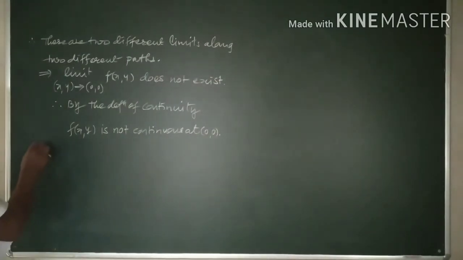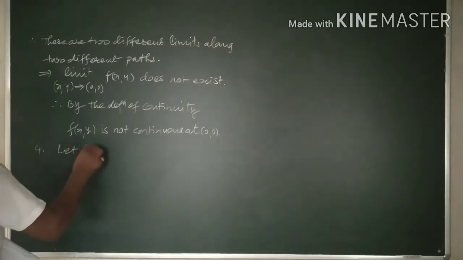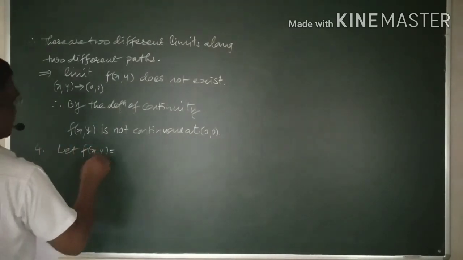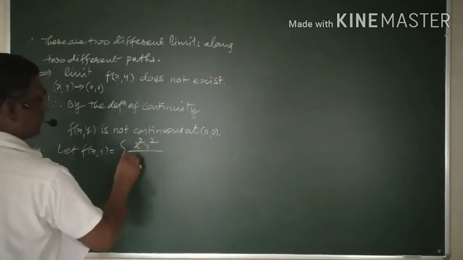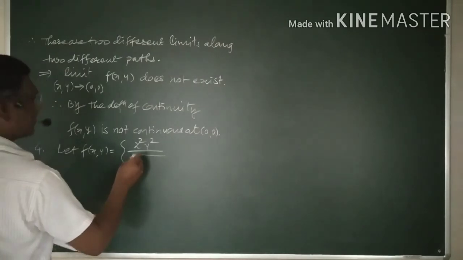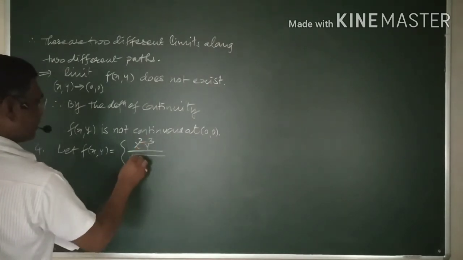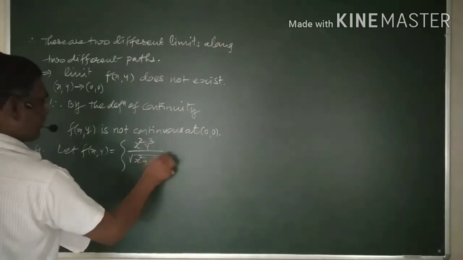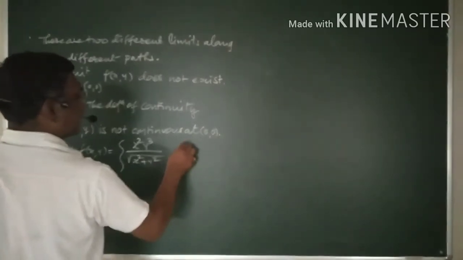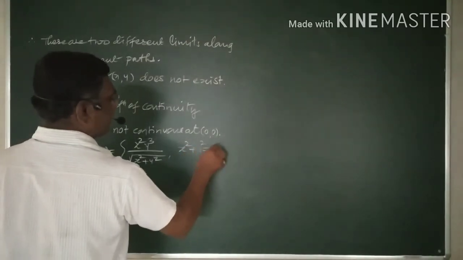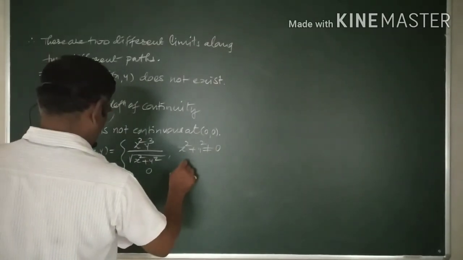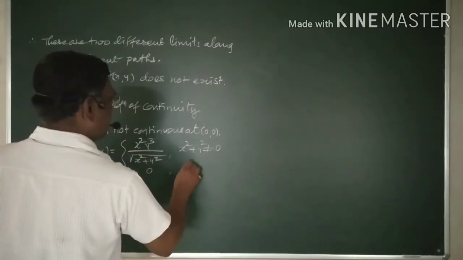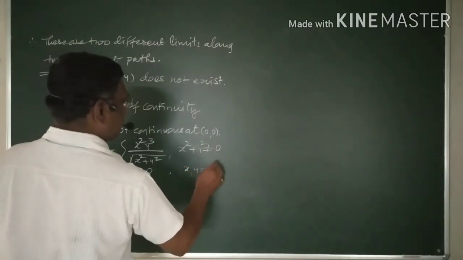Next example: let f of x comma y be equal to x square y square upon the cube root of x square plus y square when x square plus y square is not 0, and equal to 0 if x and y are 0.